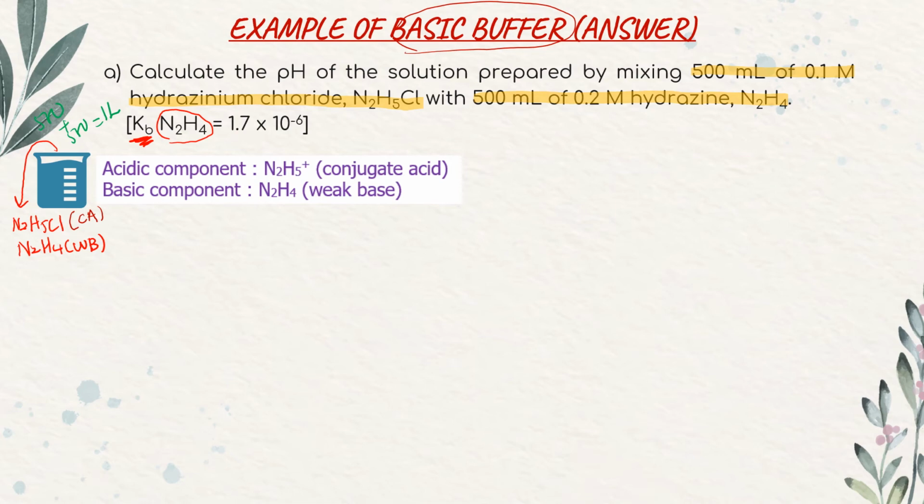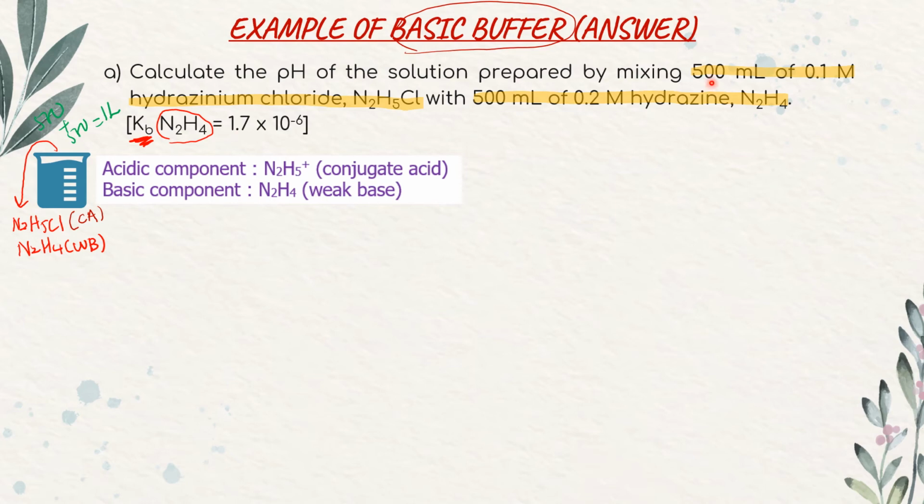So when we have 1 liter solution, kita kena ada concentration yang baru. So we need to find the new concentration first. Okay, jadi setiap satu hydrazinium chloride and also hydrazine, we need to find the new concentration. But first, kita kena cari dulu dia punya number of mole, the initial number of mole.